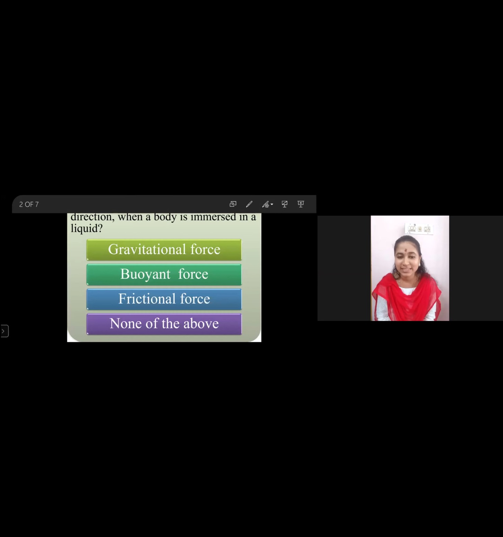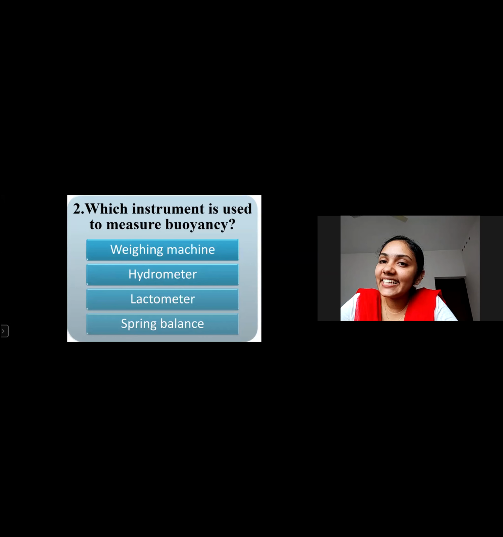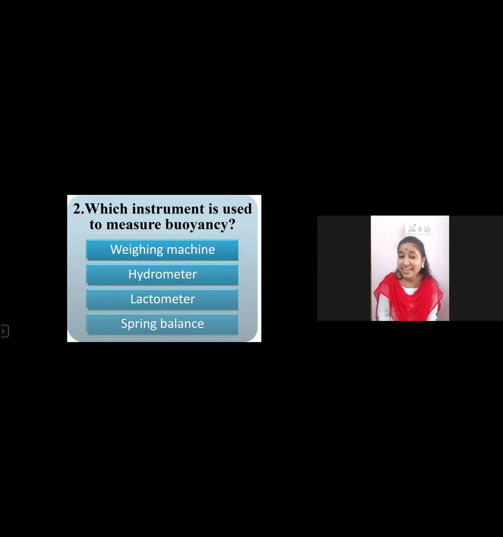Now, coming to the second question. Which instrument is used to measure buoyancy? A. Weighing machine. B. Hydrometer. C. Lactometer. And D. Spring balance. Obviously, it is spring balance. Yes, the spring balance. We have seen the video, right? Yes.